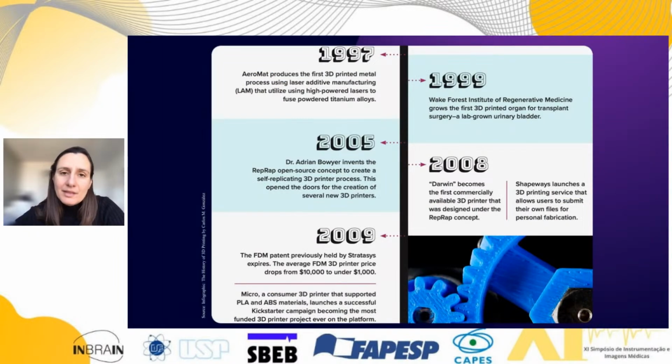But then things, of course, didn't stop there. So in the 90s and early 2000s, there was a lot of progress made in both the 3D printing world and then the 3D bioprinting. It started to come to life. And that was mostly thanks to the prices of this technology coming down significantly.